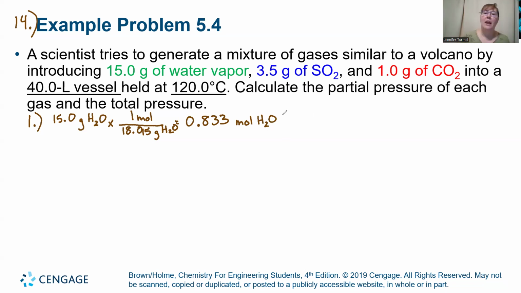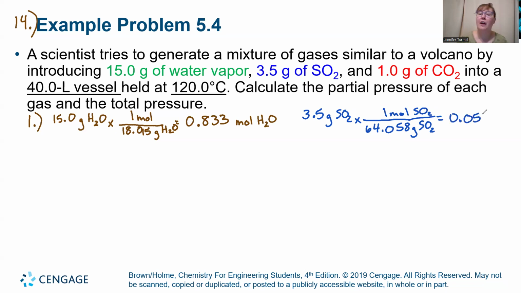For our sulfur dioxide, we have 3.5 grams of sulfur dioxide. Our molar mass of sulfur dioxide is 64.058, and that will give me 0.0546 moles of SO2, sulfur dioxide.